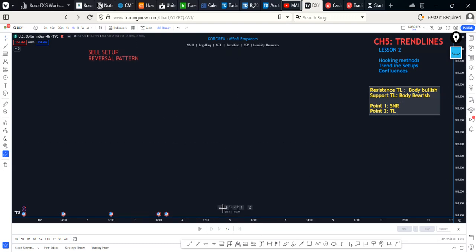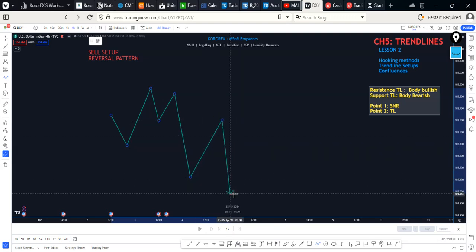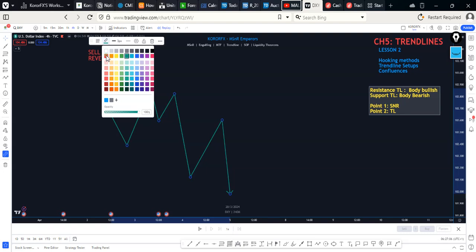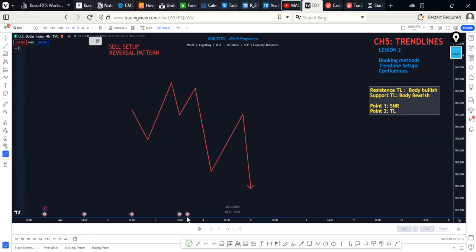So first things first, for example, we have a pair and price moves up, and then creates some shapes like this, and then falls until it breaks this low, and then comes back to somewhere here, and then it starts falling down. That's the selling setup. What happens is price broke out of a structure, right?